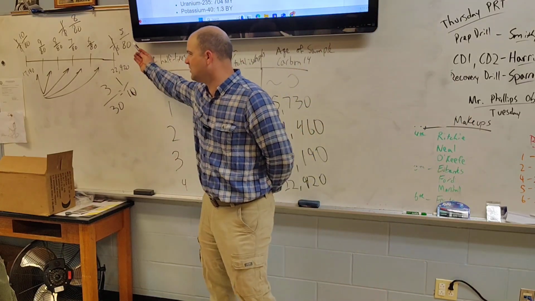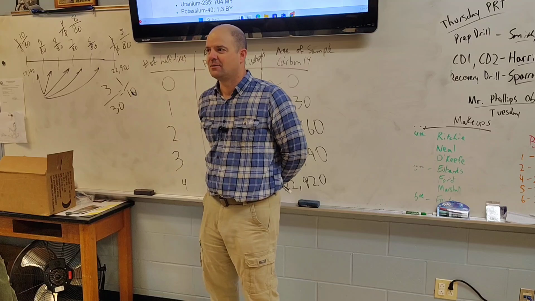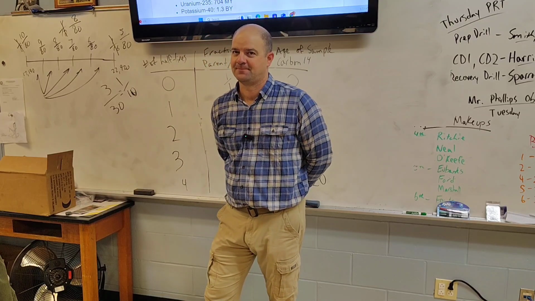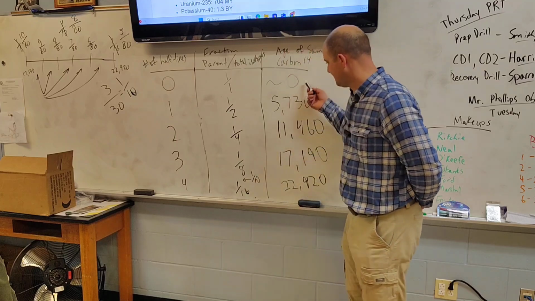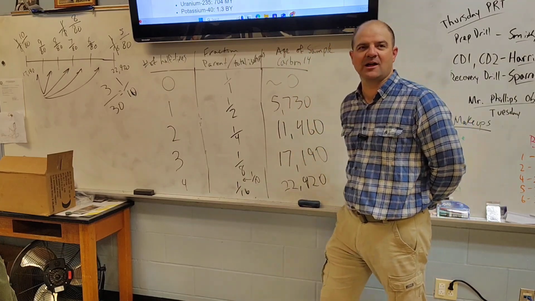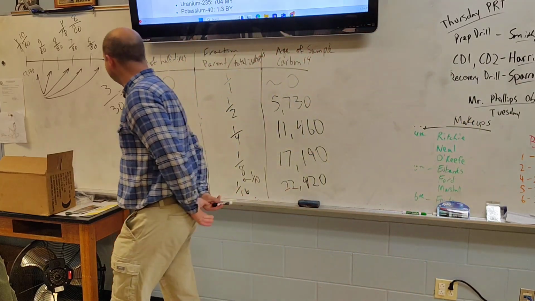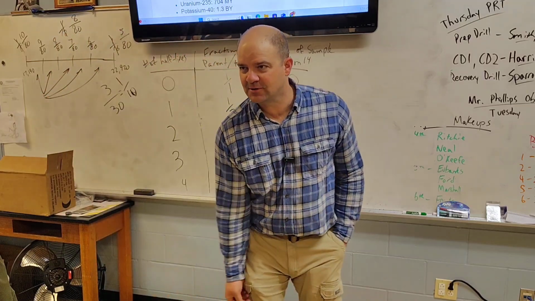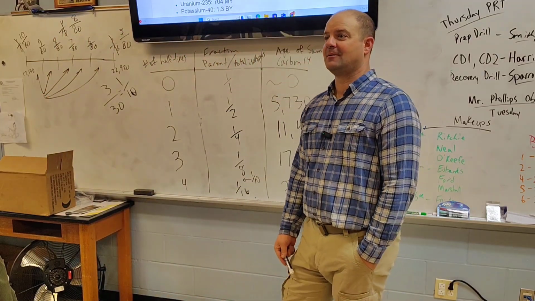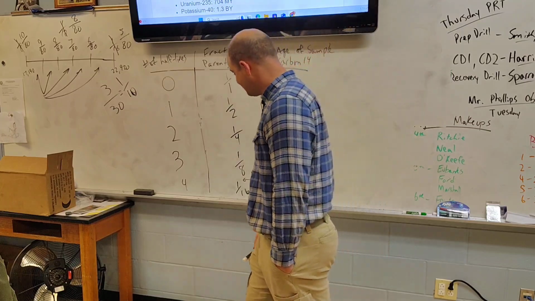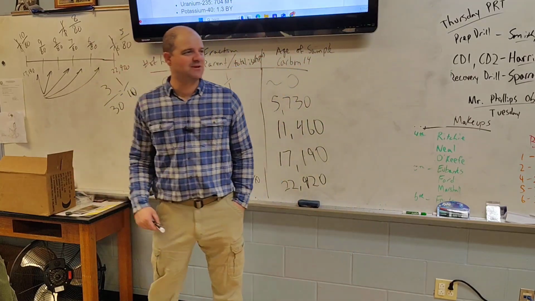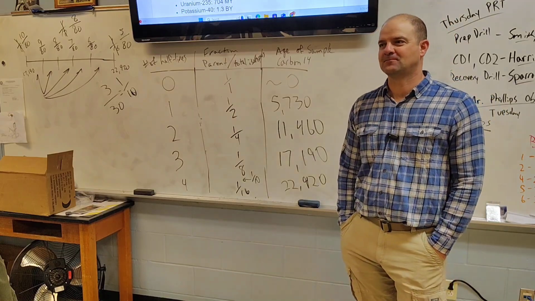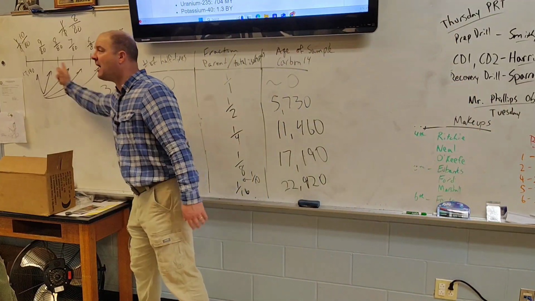This is both a number line and a timeline. So each of these increments is the same amount of time. How much time is each of those increments? What is the total amount of time on our timeline?